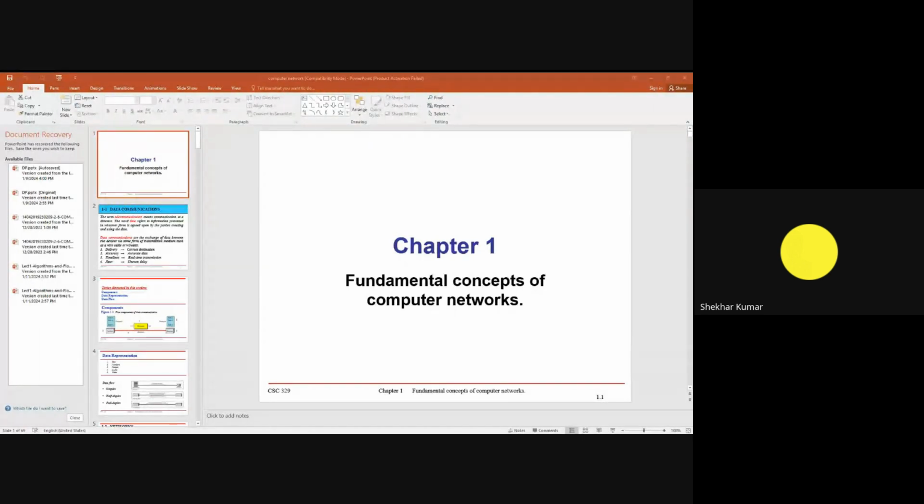Some channels will transfer your analog signals, some will transfer your digital signals with a specific transfer rate. That rate is called your data transfer rate. The speed of data transferred or received over a transmission channel is called your data transfer rate.